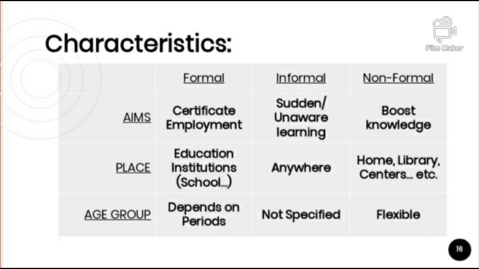Okay, and informal education, not specified. We don't have a specific age. And non-formal education, it's flexible. We have adults, kids or children. We have old people, for example. So all these are characteristics of each one.